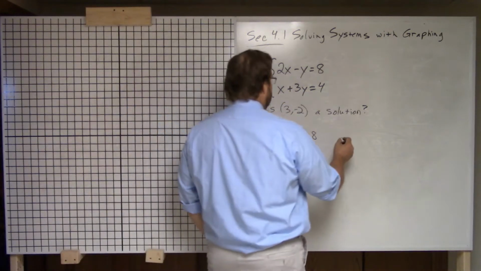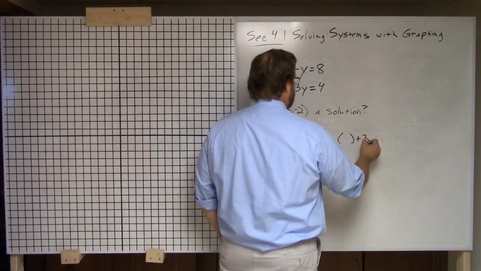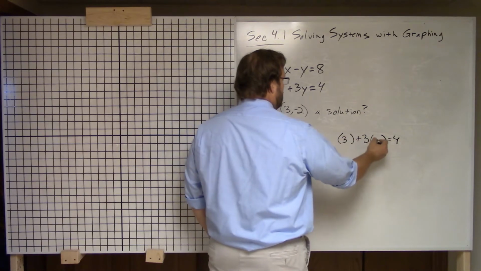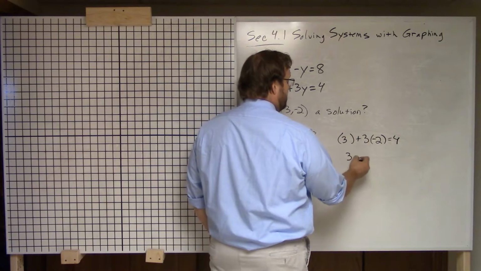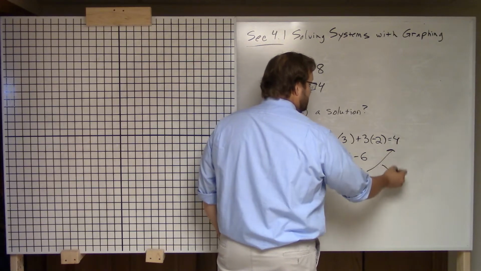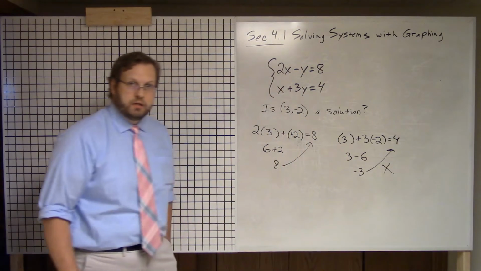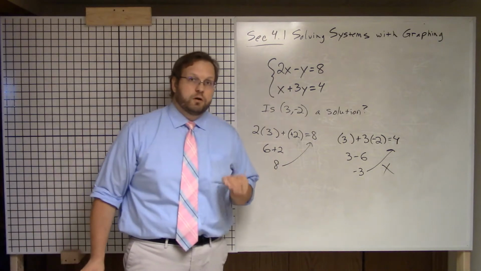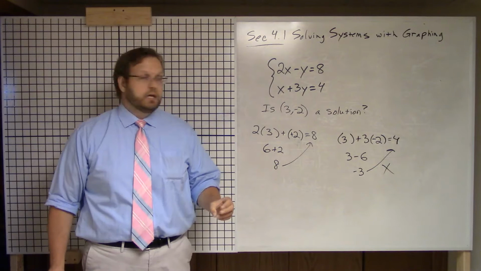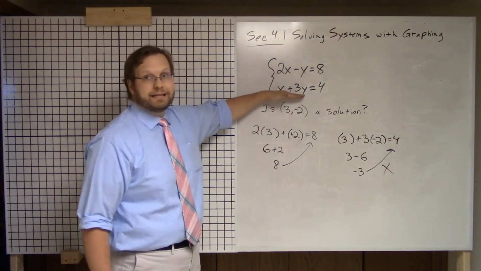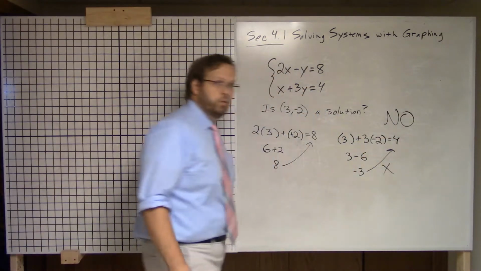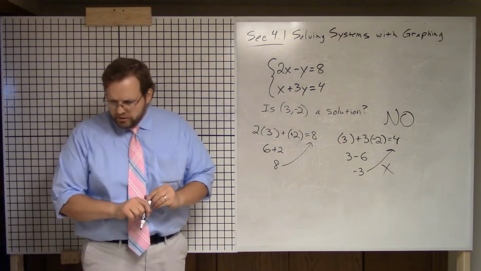If I plug that in, x plus 3y equals 4. 3, -2, so 3 minus 6, that's a -3. That does not work. So this does not work for both, therefore it is not a solution to the system. It's a solution to this one, but not this one. So in this case, is it a solution? No. Let's look at another one.